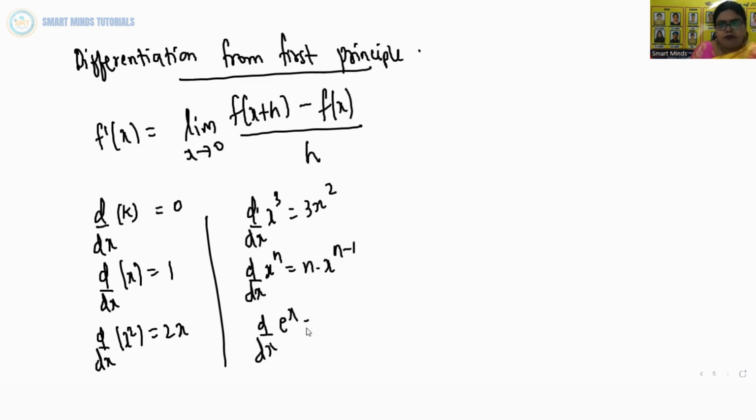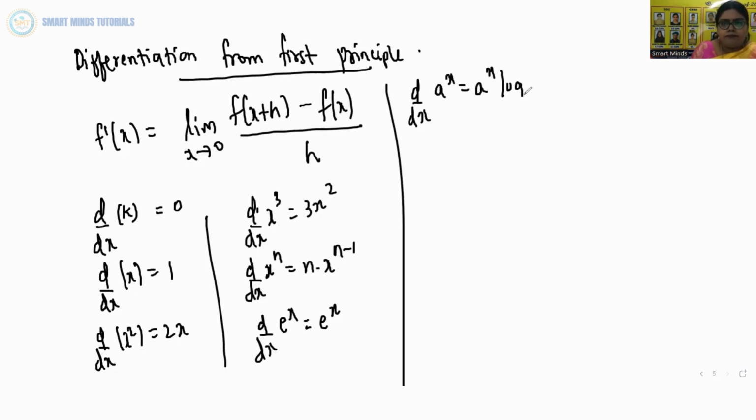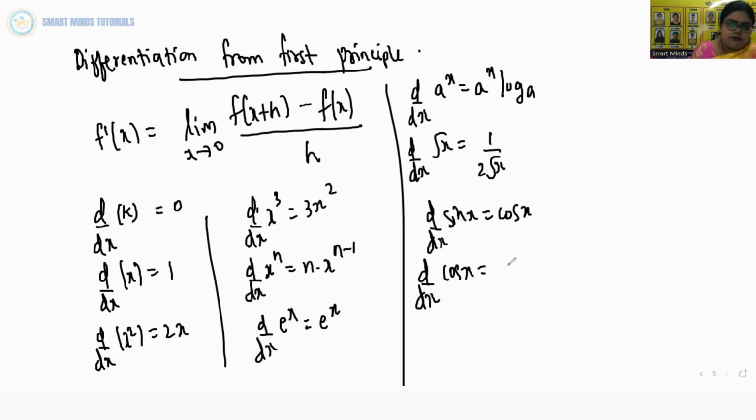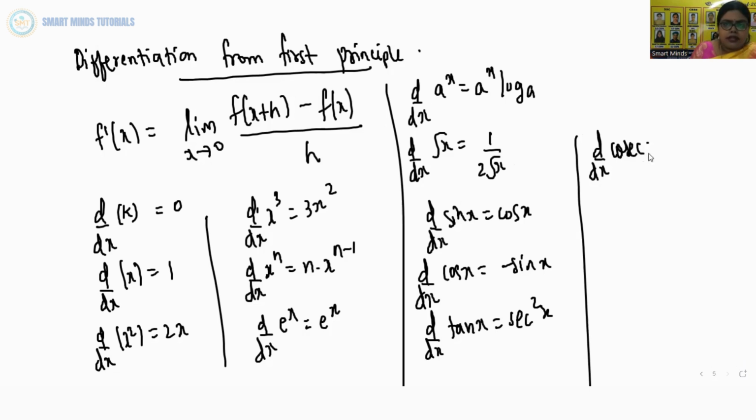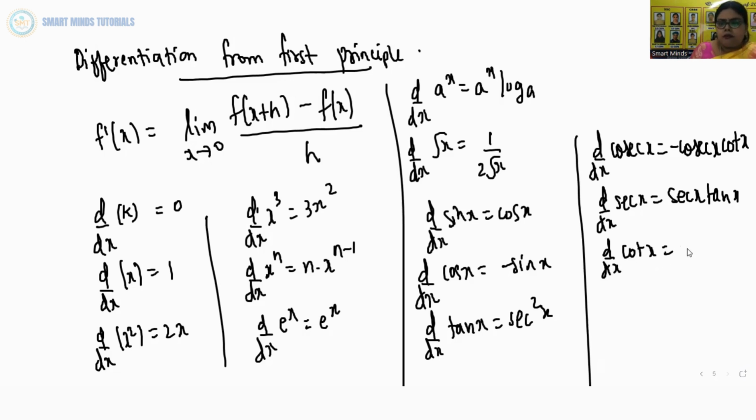Then d by dx of e power x is e power x, d by dx of a power x is a power x log a, d by dx of root x is 1 by 2 root x, d by dx of sin x is cos x, d by dx of cos x is minus sin x, d by dx of tan x is secant square x, d by dx of cosecant x is minus cosecant x cot x, d by dx of secant x is secant x tan x, and d by dx of cot x is minus cosecant square x. These are the most important formulae.